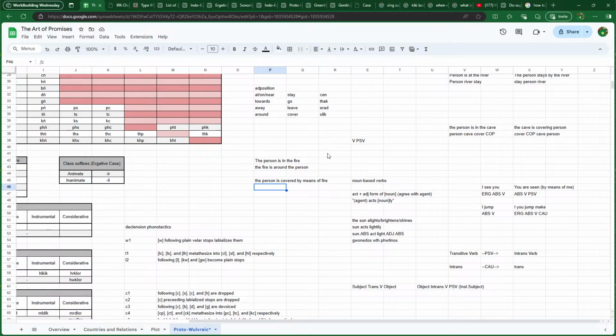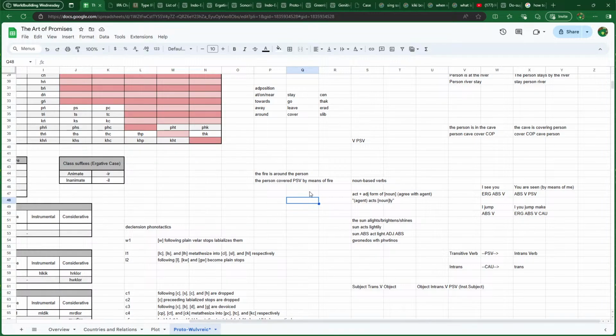Anyway, the way that we handle this, right? The person is covered by means of fire, but the fire is around the person.